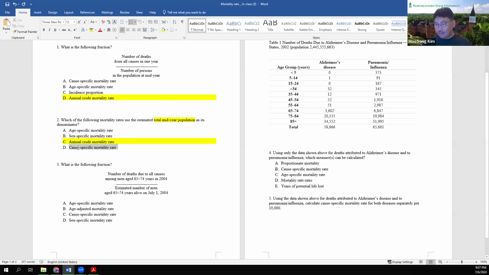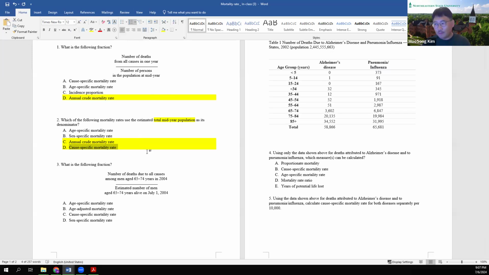How about cause-specific mortality rate? Yes, we use the total population too. What is the difference between cause-specific mortality rate and case fatality rate?